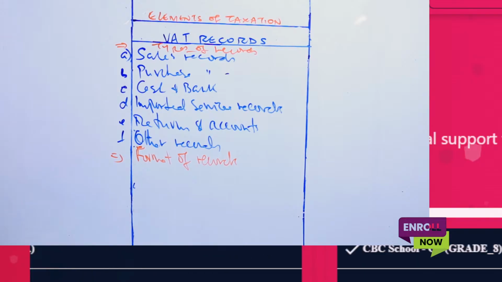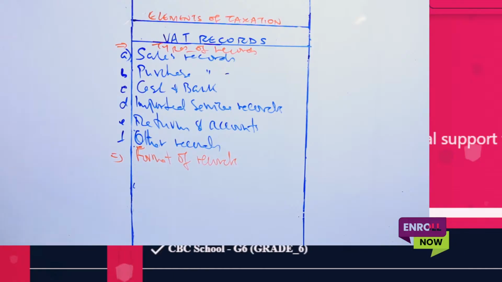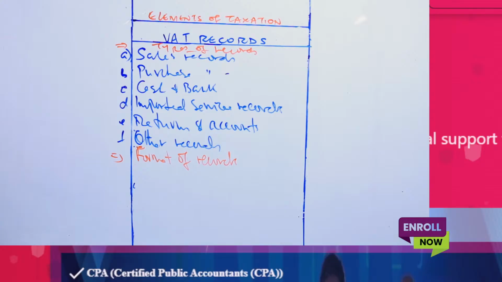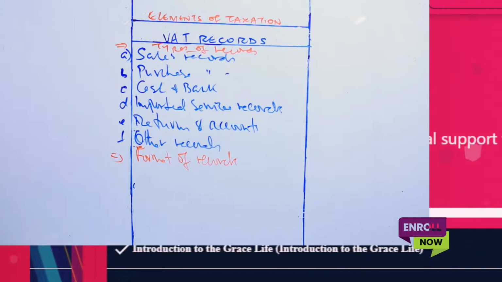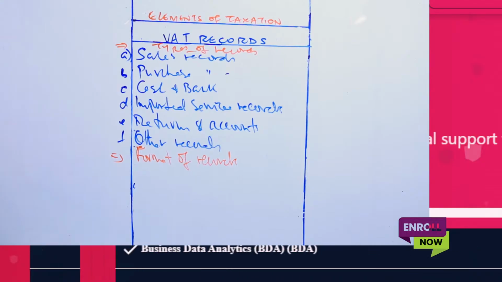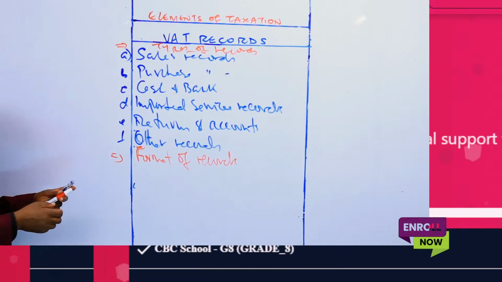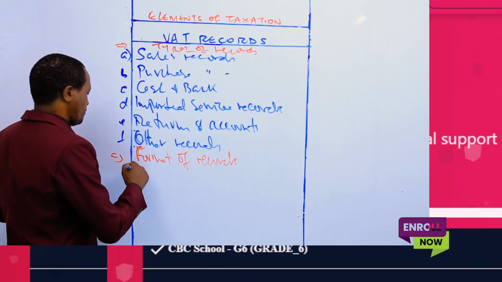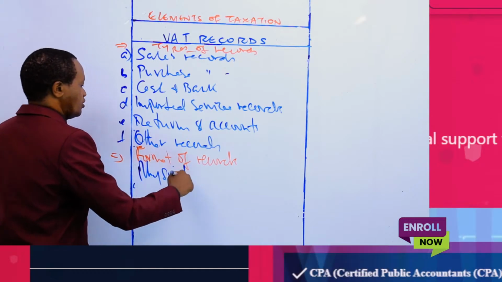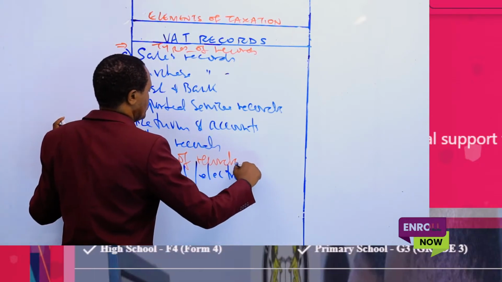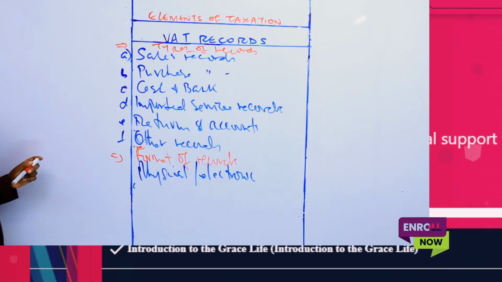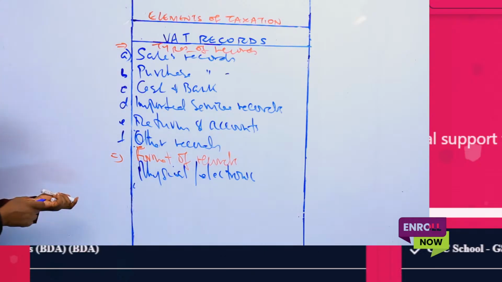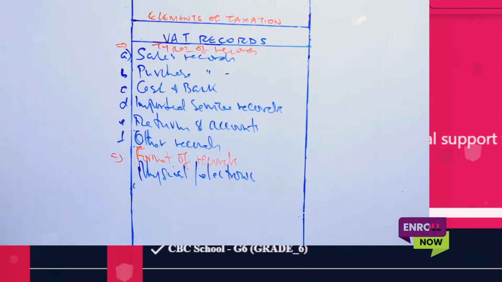We have originals of key documents like tax invoices that are crucial, and if originals are lost, one may be required to have certified copies clearly marked as such, and that may be accepted under specific circumstances. So that's the format. It can be physical or electronic. Physical means paper or hard copies. That's the format of tax records.